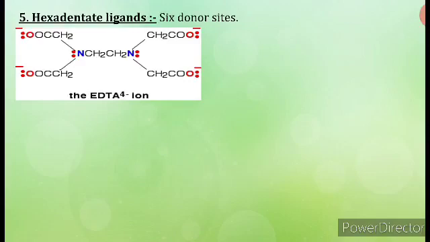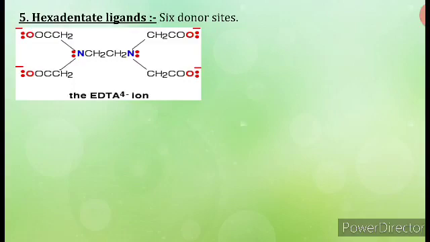So the 2 nitrogen atoms of ethylene diamine possess lone pair of electrons, one on each nitrogen atom, and the 4 acetate ions' negatively charged oxygen atoms possess lone pair of electrons. So a total of 6 donor atoms are available in ethylene diamine tetraacetate.